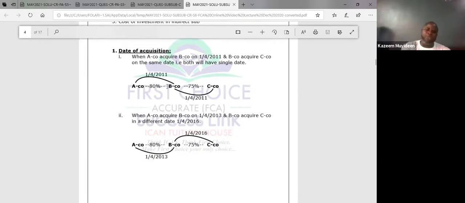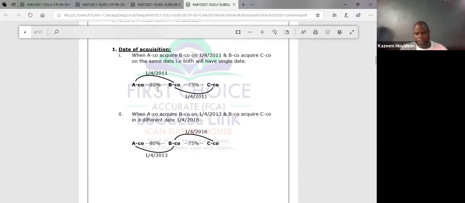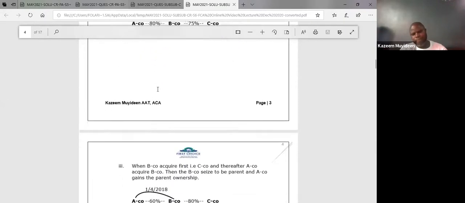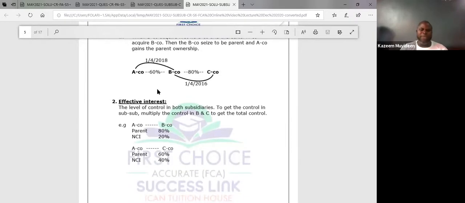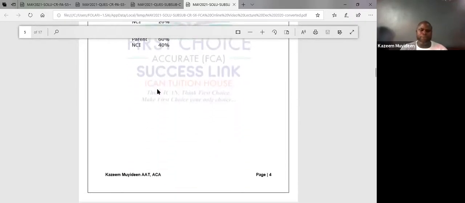Even though after you multiply, the subsidiary's share is not greater than the parent's, it's just a multiplier effect. It doesn't mean anything. We have so many situations like that. That is how to determine the effective interest.